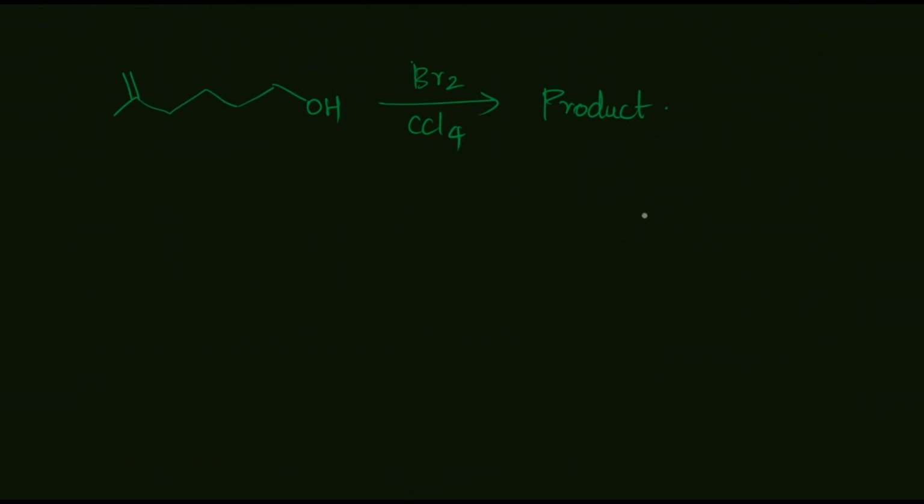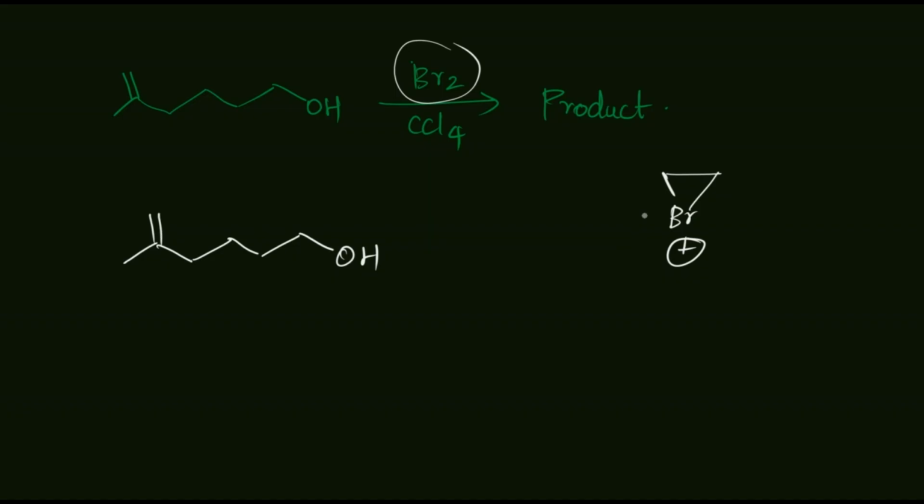Then this question, they are asking for the product. Upon seeing this, Br2 is the bromination. Whenever this kind of question comes, it will form a bromonium ion as an intermediate. This type of question can also be asked. But here the question is product formation. So what happens over here? Let's see. OH is there, and a double bond.